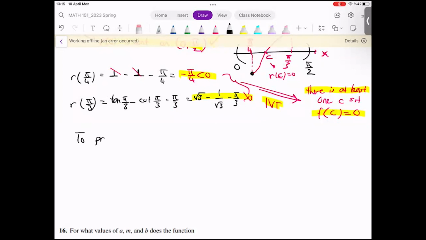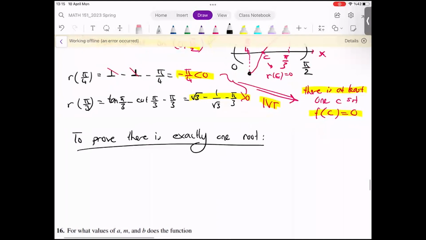To prove there is exactly one root, we will use proof by contradiction. How is it applied? The fact is that this function has exactly one root, right? We know that this is a fact.